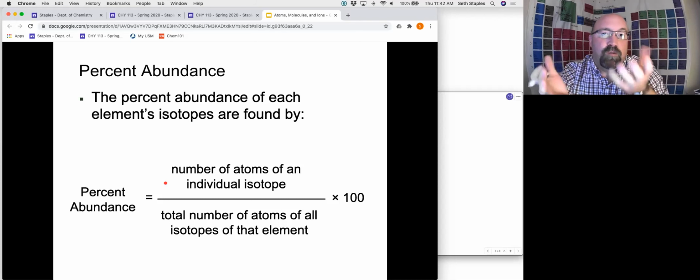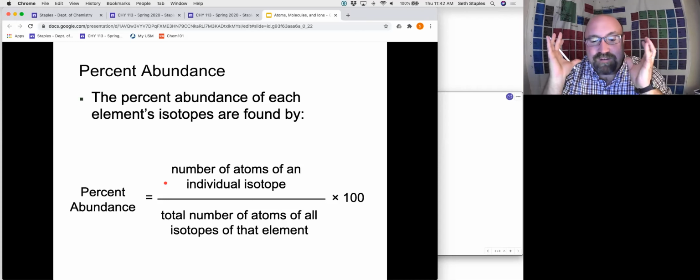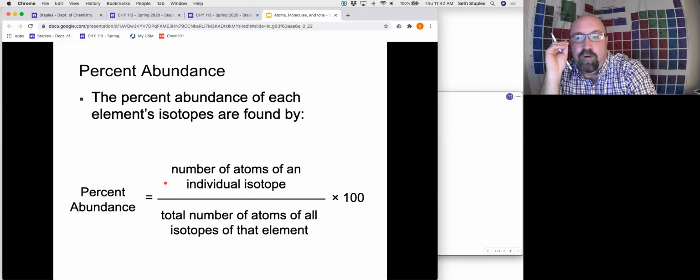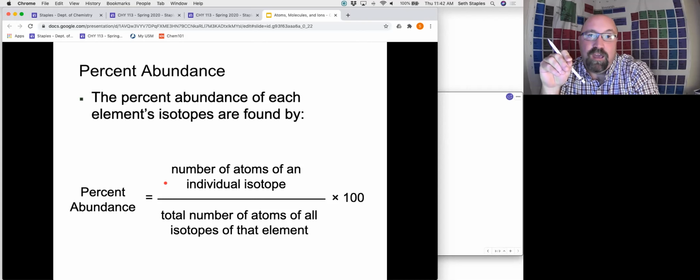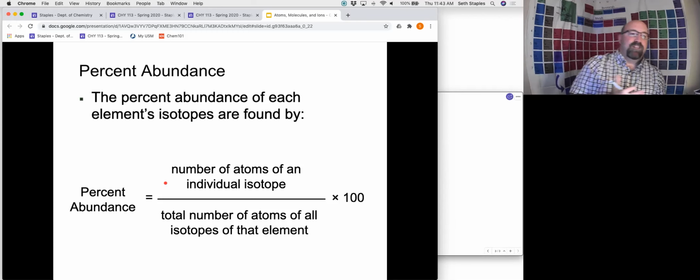If we're looking at chlorine and we want to calculate how much of it is chlorine-35 versus how much is chlorine-37, then we take a sample of chlorine, and however many atoms of chlorine-35 we have in there, divided by our total of chlorine atoms, and then multiplied by 100 to convert that to a percent, leads us to the percent of chlorine that is chlorine-35, and so on. So percent abundance is simply when we take a sample of any element, what percent of it is one isotope and what percent of it is another isotope.